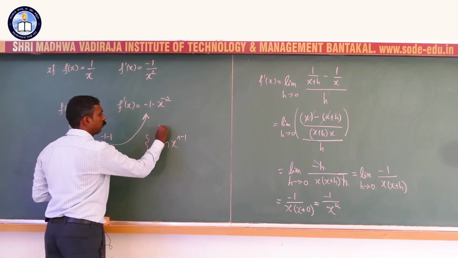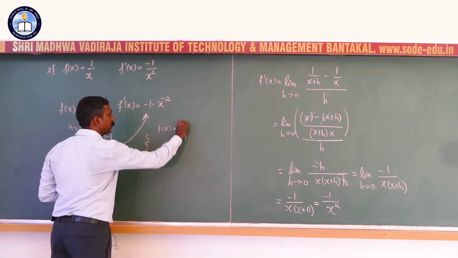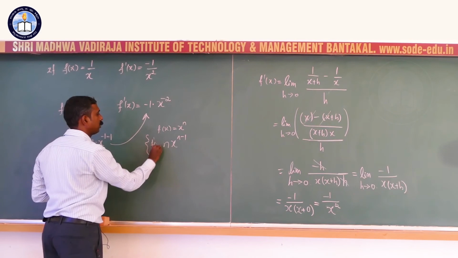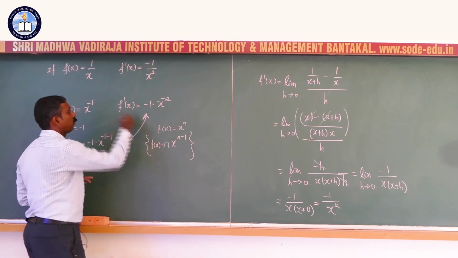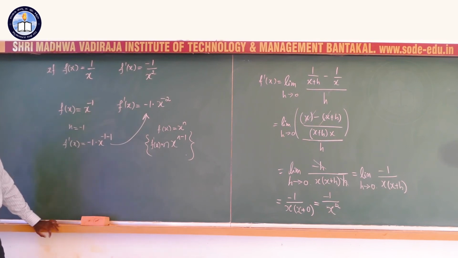So, f of x is equal to x to the power n, f dash of x is equal to n into x to the power n minus 1 holds good for n equal to minus 1. We can verify this again for 1 by x square. So, that is x to the power minus 2.